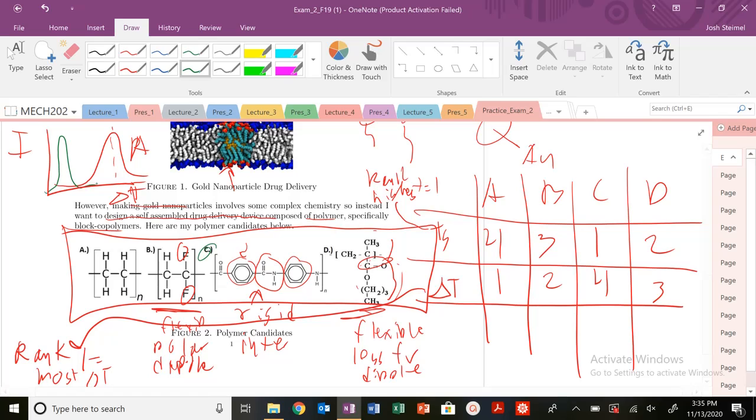And you could do a very similar type of ranking for, well, what's my critical lamellar thickness? Again, if I'm already sitting in structure, my ranking is going to be the most thick.